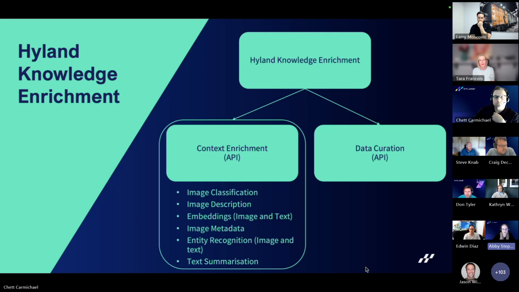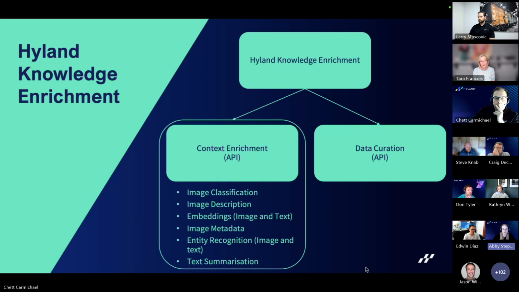As of today, the context enrichment piece provides several capabilities utilizing available actions. These actions include image classification, which categorizes an image into one or more predefined classes. Image description, which analyzes an image and generates a textual description of its contents. Embeddings for image and text. For images, image embeddings convert visual information into high dimensional vector representations.